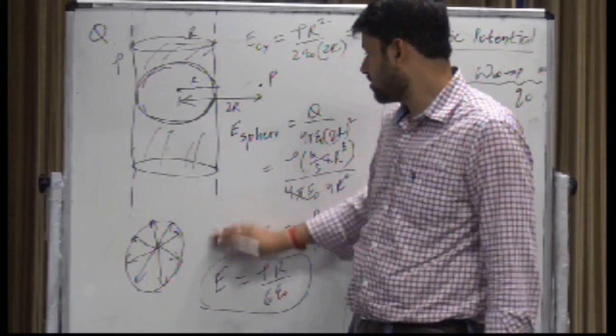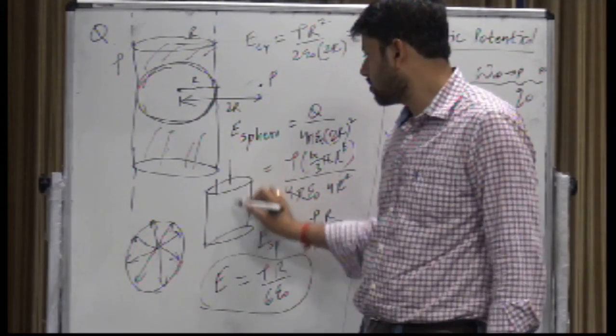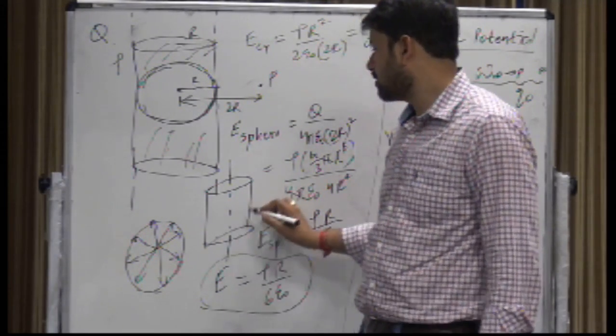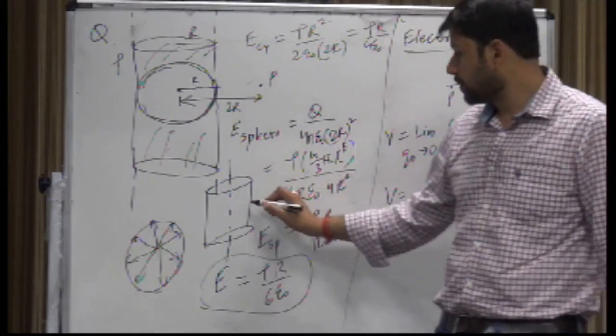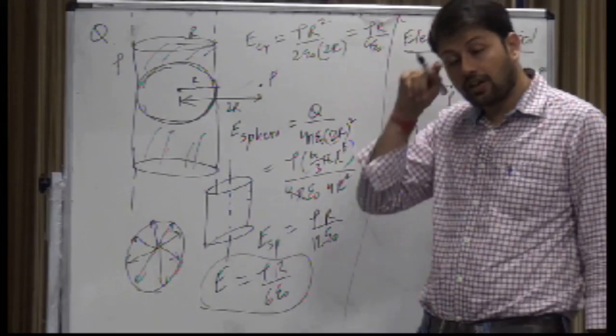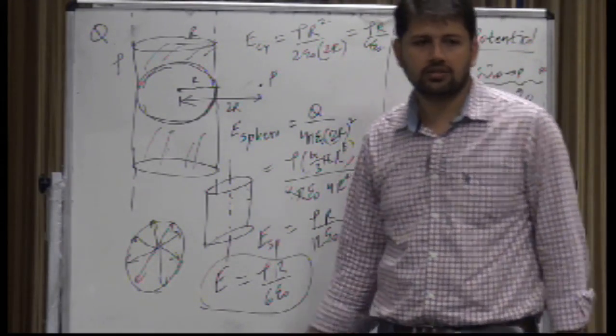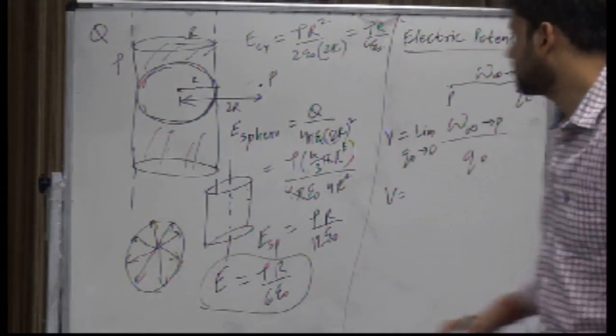Cylinder: all points on the curved surface are equidistant from the axis. These are the two types of symmetries.